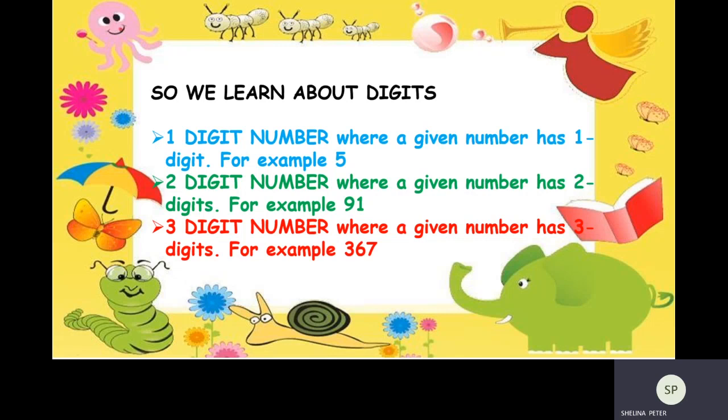So we just now wrote 91 in 2 boxes. So this is a 2-digit number. 3-digit number where a given number has 3 digits. For example, 367. As we wrote 367 in 3 boxes, so this shows that 367 is a 3-digit number.